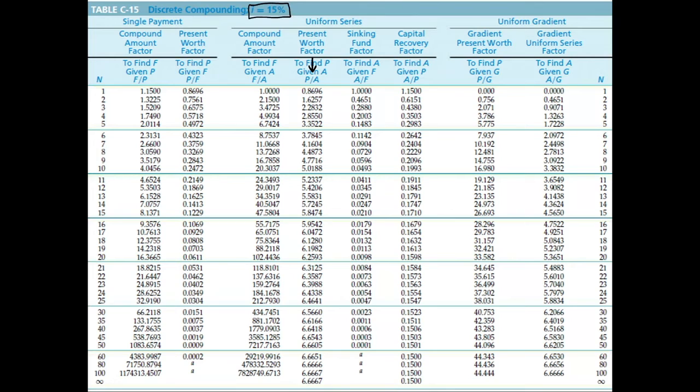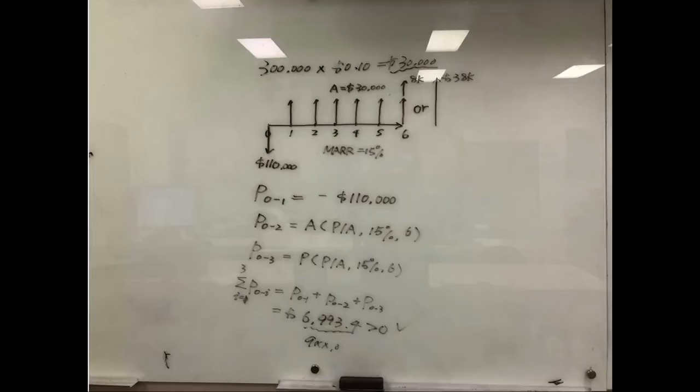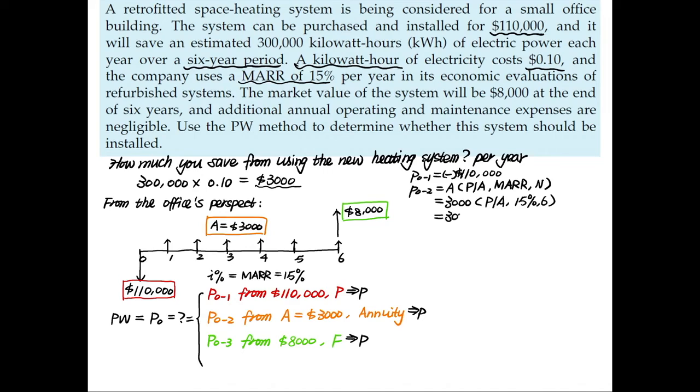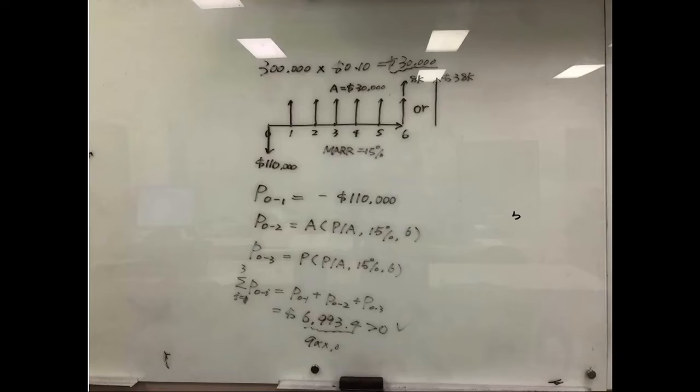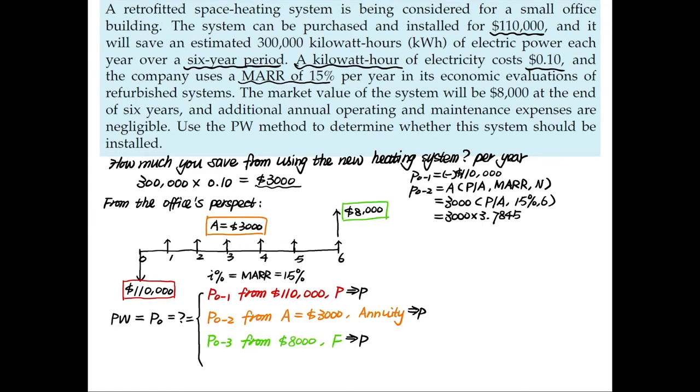Okay, you always find the table first, and then find the column and the row. Number of years, 6. So this is your factor. So it is $30,000 times 3.7845, which is positive. Okay, this is the receiving, so it's positive.